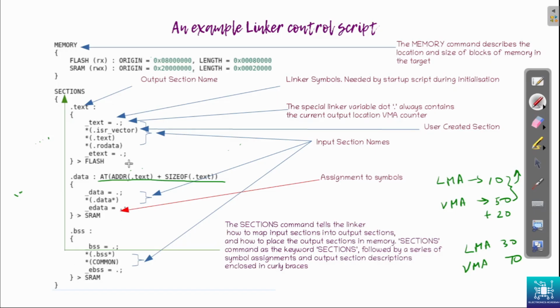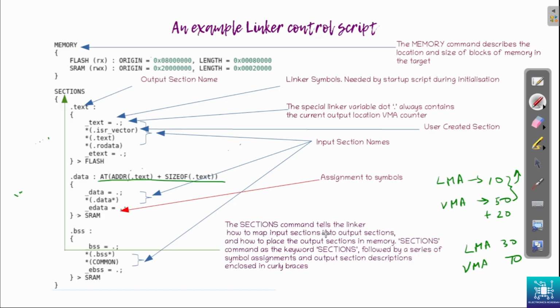Though these are not variables declared in code, the linker fills in the values of these variables in the startup scripts. And greater than SRAM, of course, means we are putting this in the SRAM region, so it follows the VMA here from here to here. And this is the definition of whatever we had been talking about.